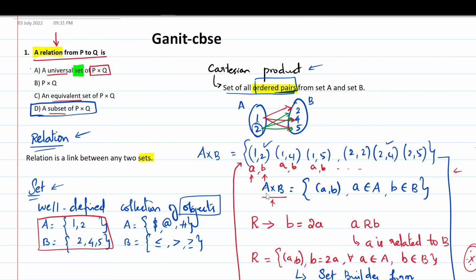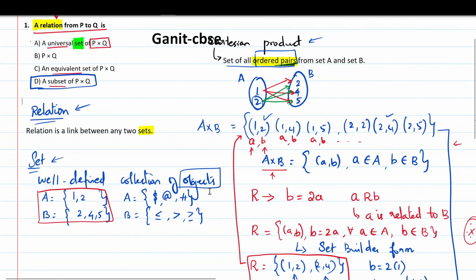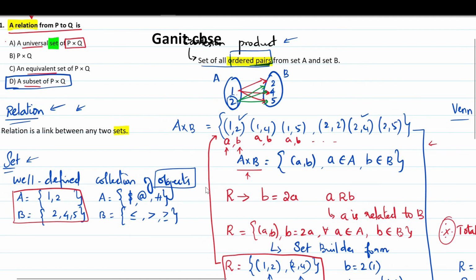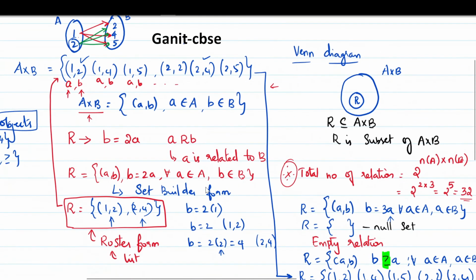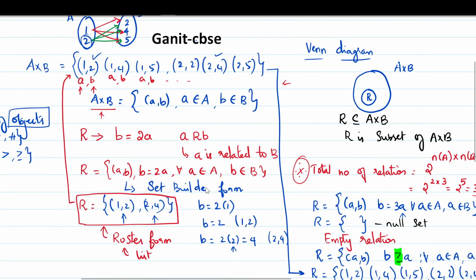So we have learned what a relation is. We have learned sets and the Cartesian product. We have taken one example of a relation, and we wrote the set builder form and roster form for the same relation.